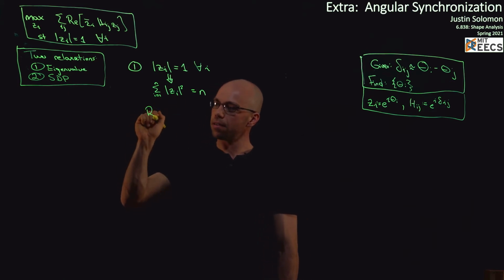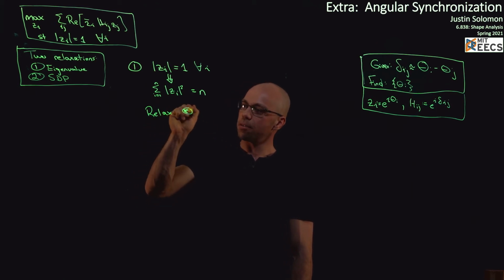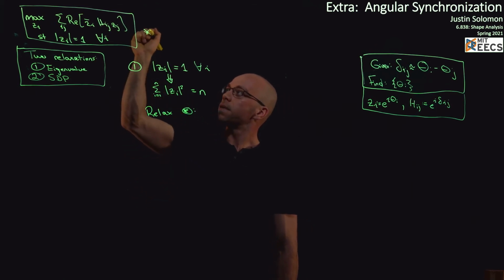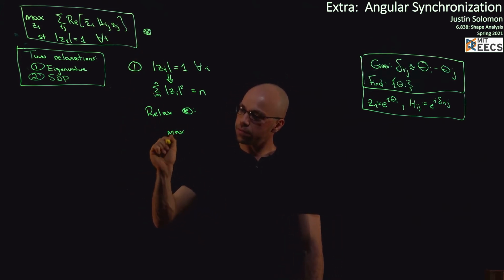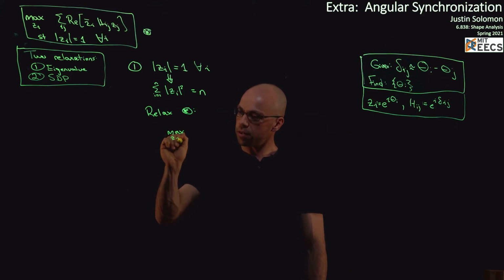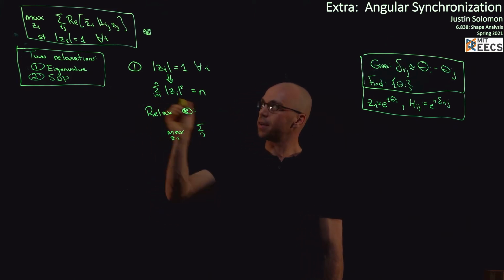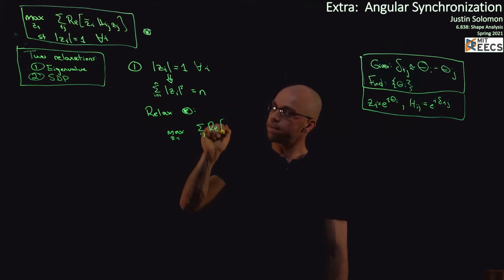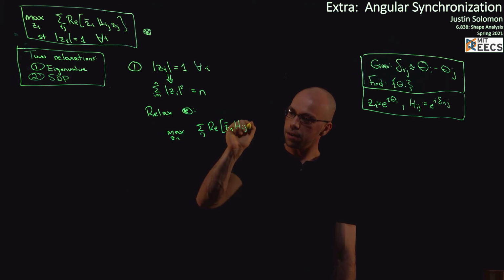So here is one way to relax our problem, maybe call it star, which is to solve the following: the max over zi of the sum over ij of the real part of zi conjugate hij zj.